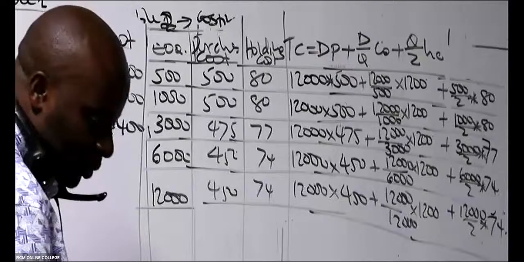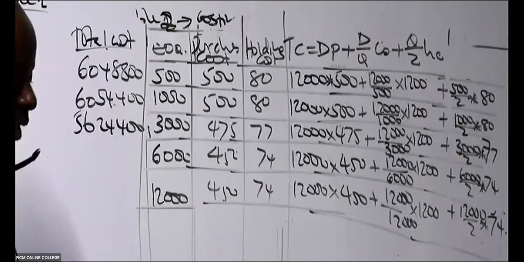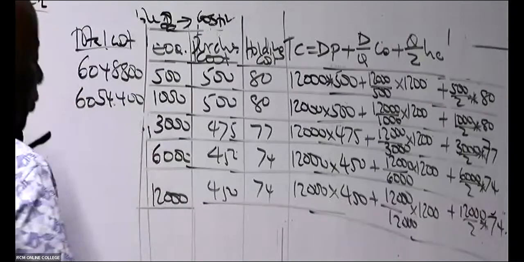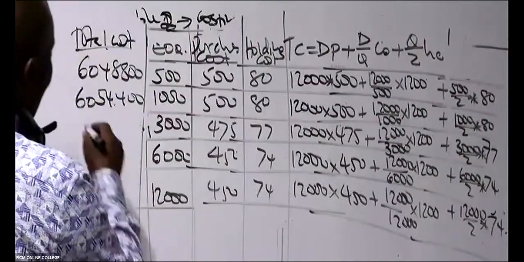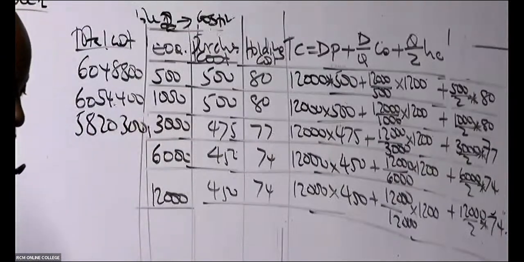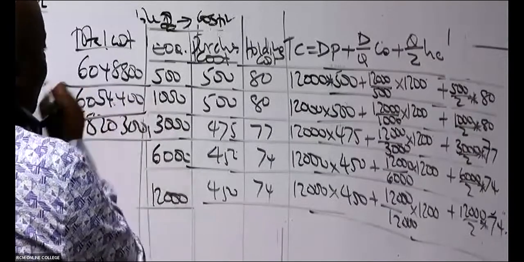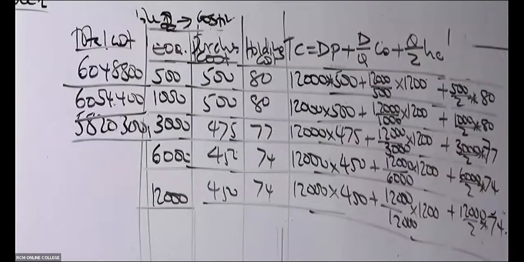Francisca said no. Everybody's getting their own figure. 58, 20, 300. Yes. I can see so many of you confirming this 58, 20, 300. 50, 28, 300. Thank you, Jemima.